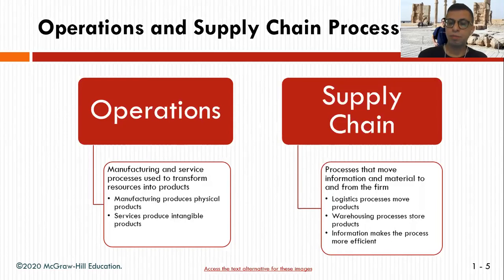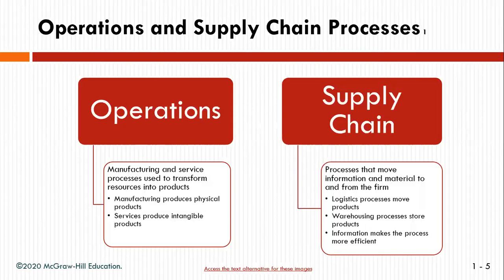The supply chain part is the process that moves information and material to and from the firm. It's like a logistical process that moves the products, and the warehousing process that stores products, and information makes the process more efficient.